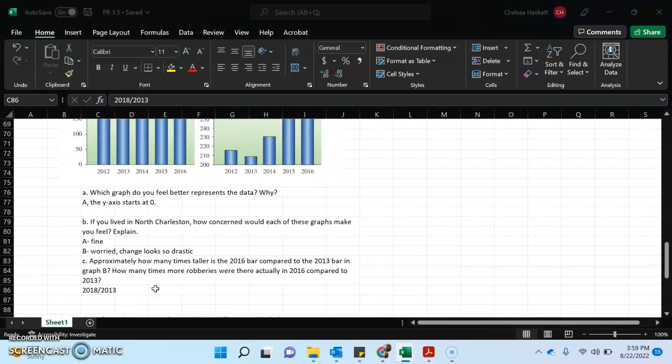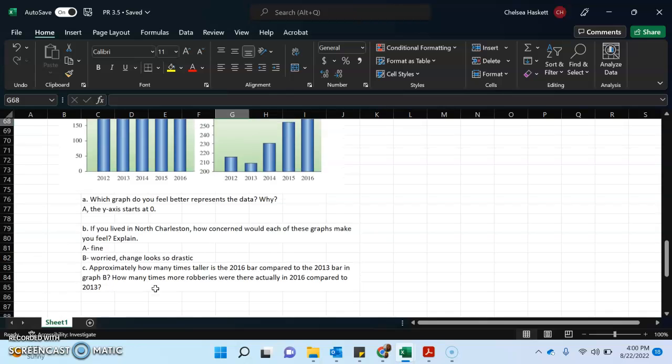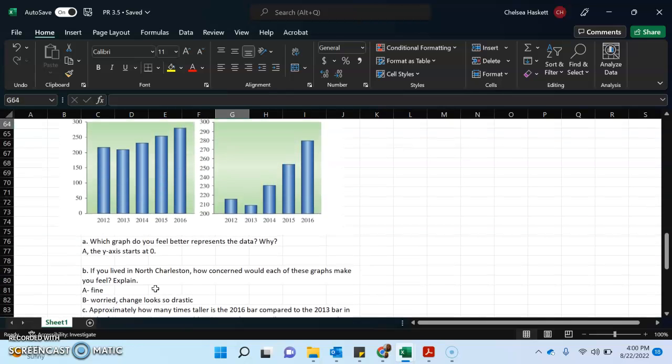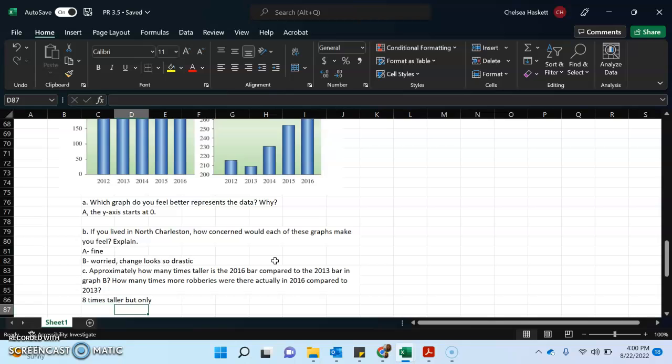All right, now approximate how many times taller 2016 is compared to 2013 in graph B. Looking at graph B, how many of these do you think can fit in here? Well, 1, 2, 3, 4, 5, 6, 7, about 8. So I would say about 8 times taller. But really, how many times more robberies were there actually?